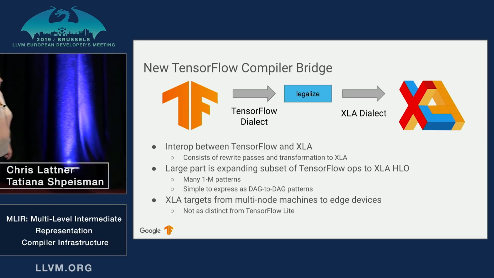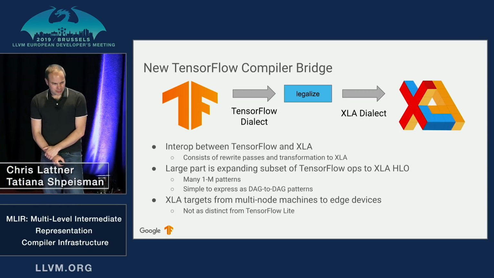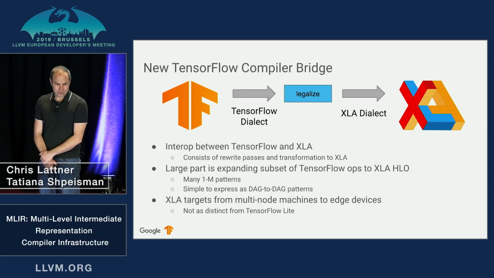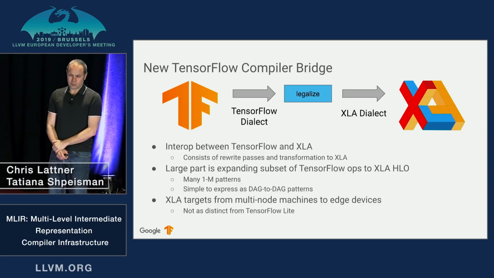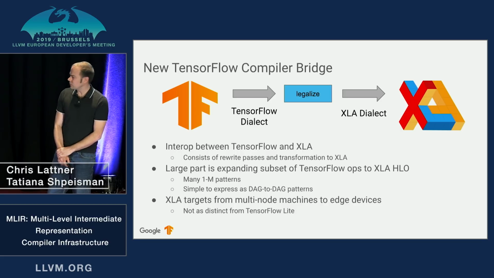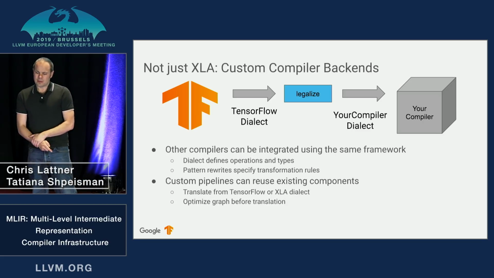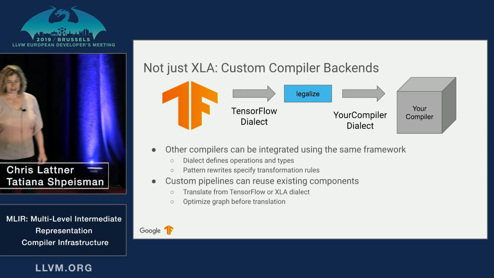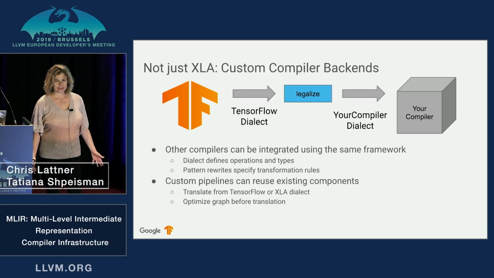Yes. Another example that we're building right now is a new compiler bridge for TensorFlow. In the TensorFlow team, we're investing a lot in XLA, which we'll talk about later. So we are revamping the way that TensorFlow lowers into XLA to make it more reliable and work better, and build on all this infrastructure. And it's not just XLA, because we have a general framework.